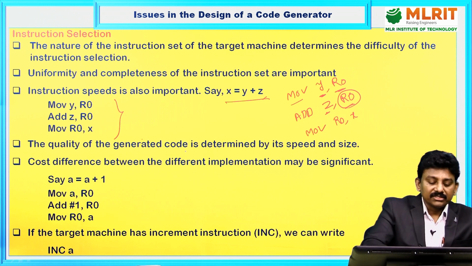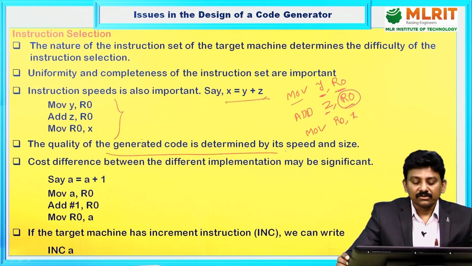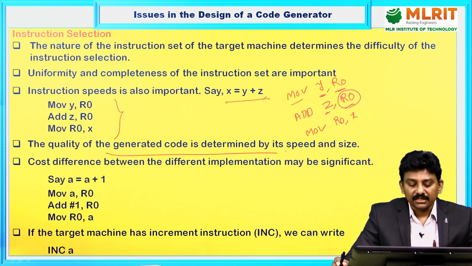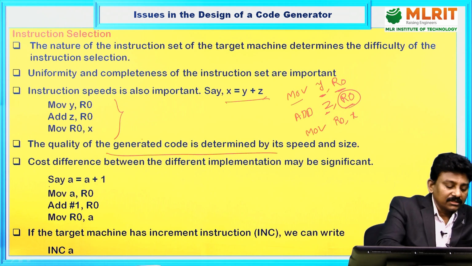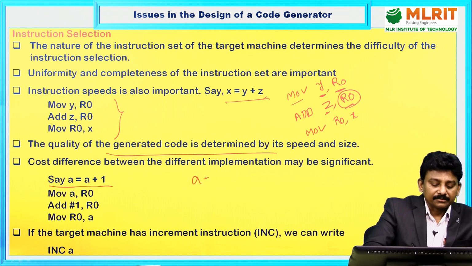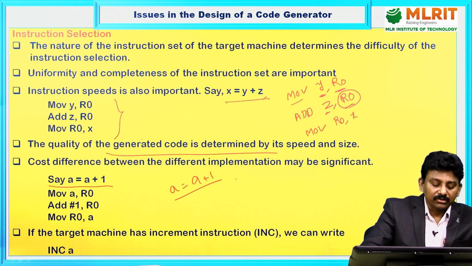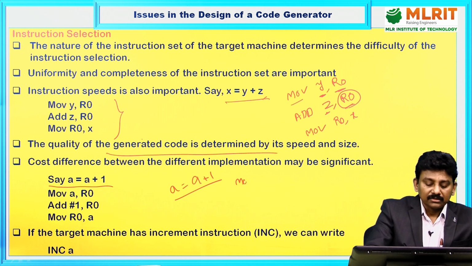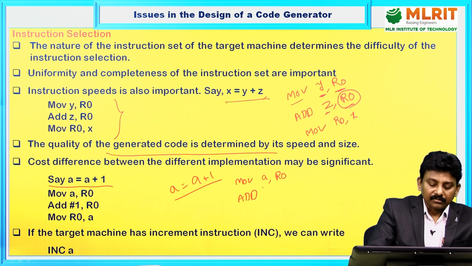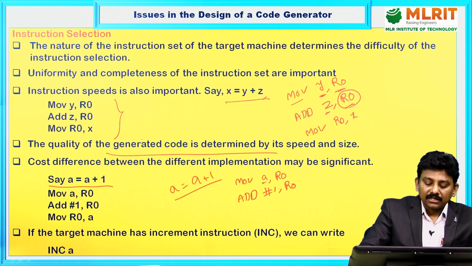The quality of the generated code is determined by its speed and size. The size should be less to increase the speed. For example, say a is equal to a plus 1, that is, 1 is added to variable a, an increment of a. For this, the target code will be like this: move a comma R0, add 1, R0. The content of A is moved to R0.